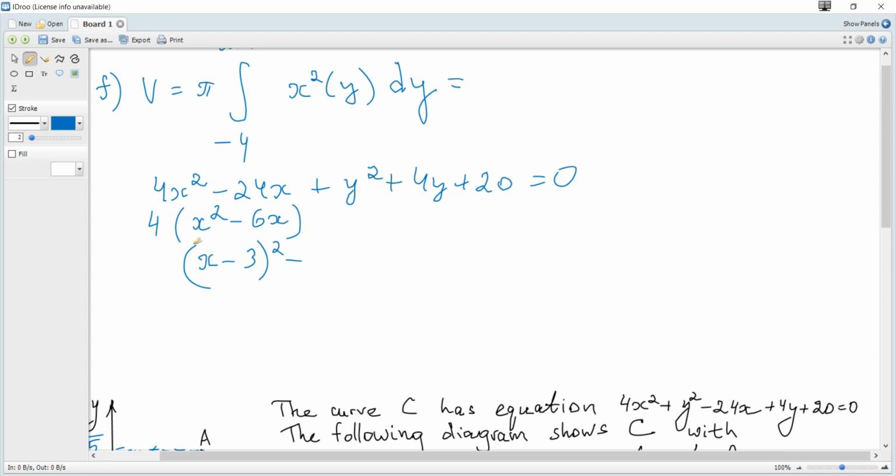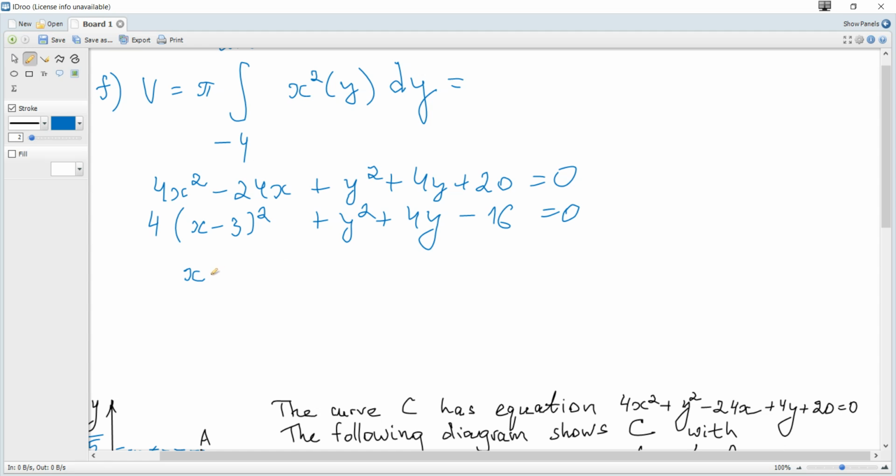So finally it's 4 multiplied by x minus 3 squared minus 4 times 9, it's 36, and plus 20, so it becomes minus 16, and plus y squared plus 4y is 0.